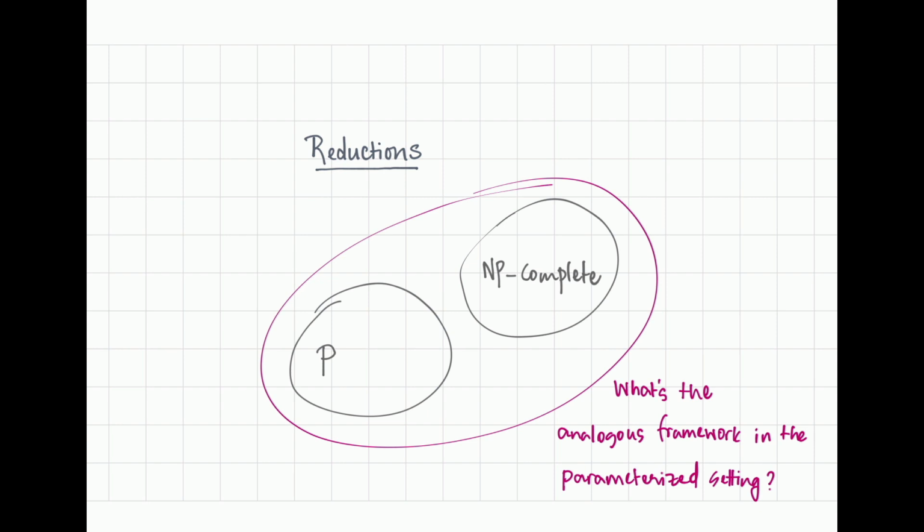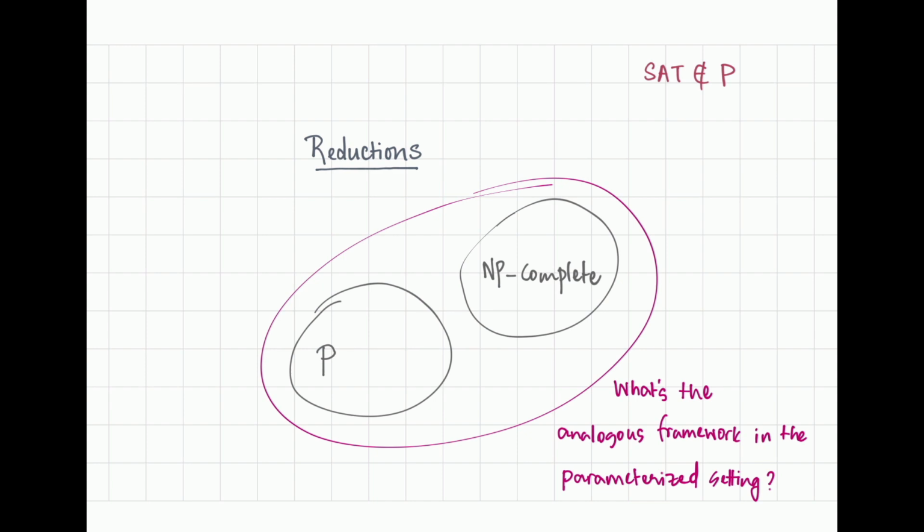So the way this typically works is that we start off by assuming that a problem like satisfiability, for instance, does not admit a polynomial time algorithm. And starting with this assumption and using tools like reductions, we are able to conclude many things about many other problems, right? So that's how it works in the classical setting. And you might have wondered about what are the analogous notions in the parameterized world.